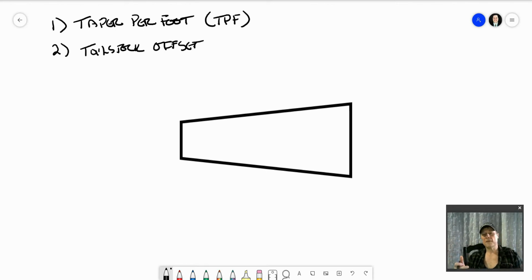So for tailstock offset, there's a formula that we can use so we know exactly how far to push the tailstock away or bring it towards you, the operator, to manipulate that piece of raw stock so that when you run a linear cut, it creates a taper.